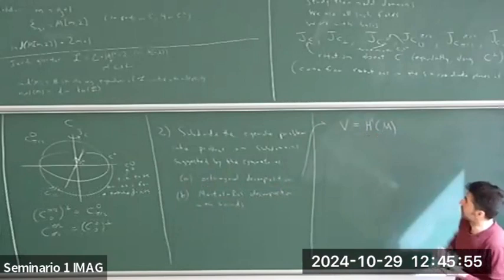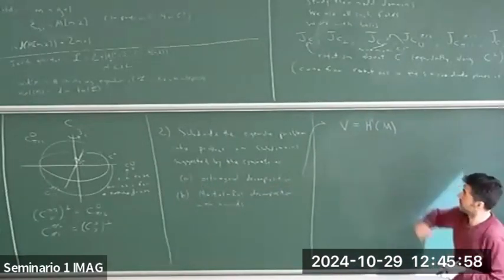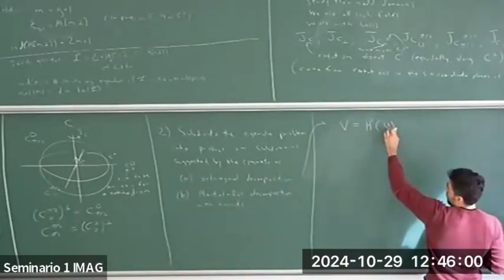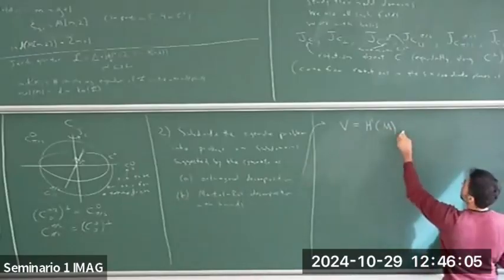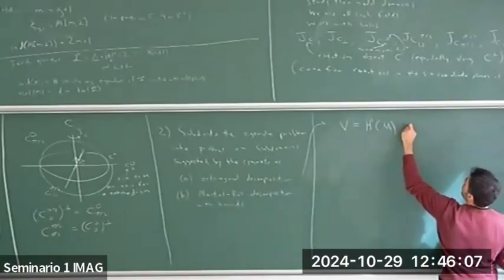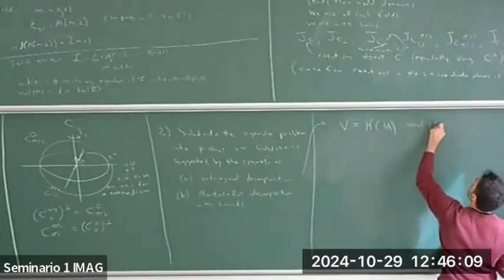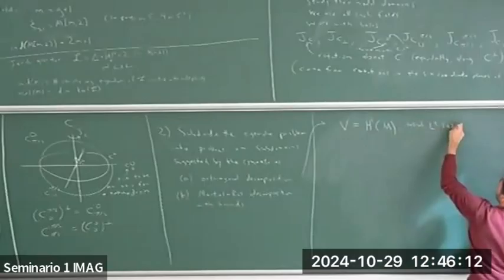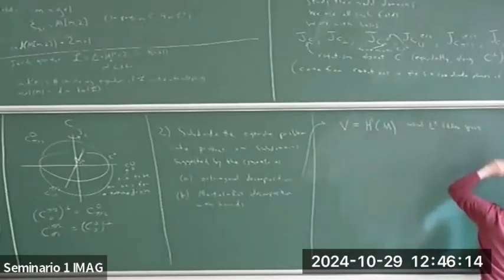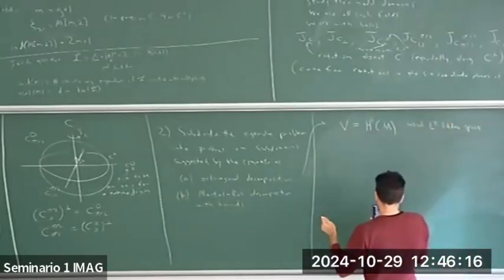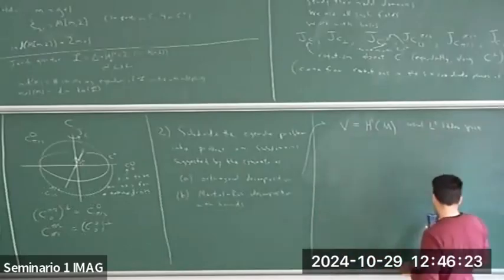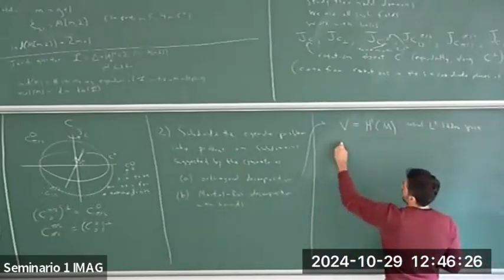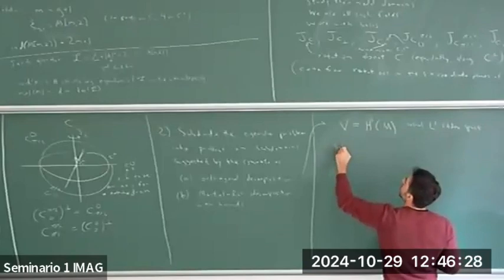So B is going to be the usual L2 Sobolev space on M, my Lawson surface, with one derivative.